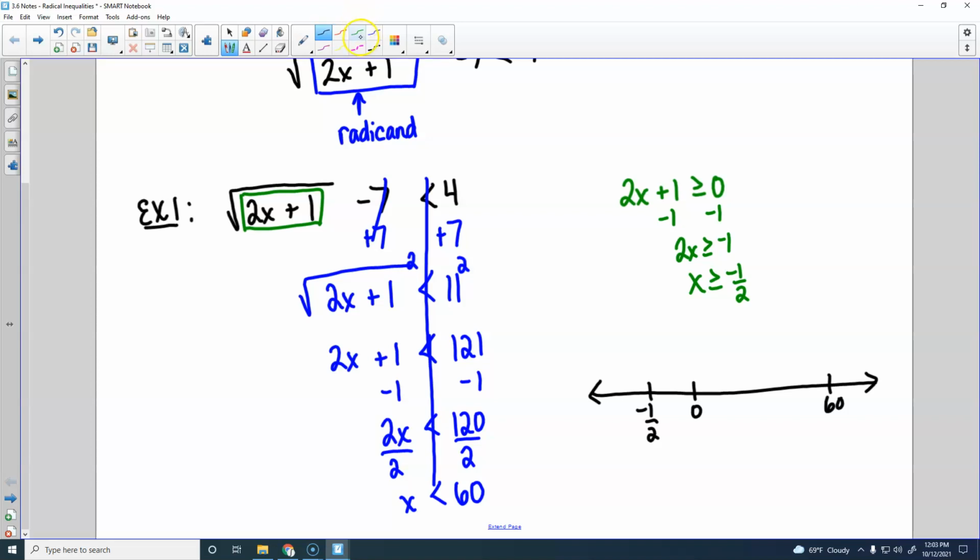So what I've got to think about here is all of the numbers that satisfy both x is less than 60 and x is greater than or equal to negative 1/2. So less than 60 would be all the numbers below 60. But greater than or equal to negative 1/2 would be a closed dot, everything above this.